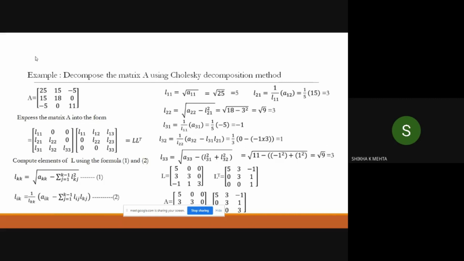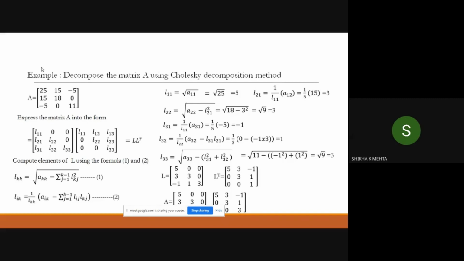Just take out your notebooks and see, for L31 we are taking L11 because L31 is not a diagonal value, it is below the diagonal. So for all those elements, we have to see the value of k, and whether we are computing the values for the diagonal elements or the non-diagonal elements below that particular diagonal.